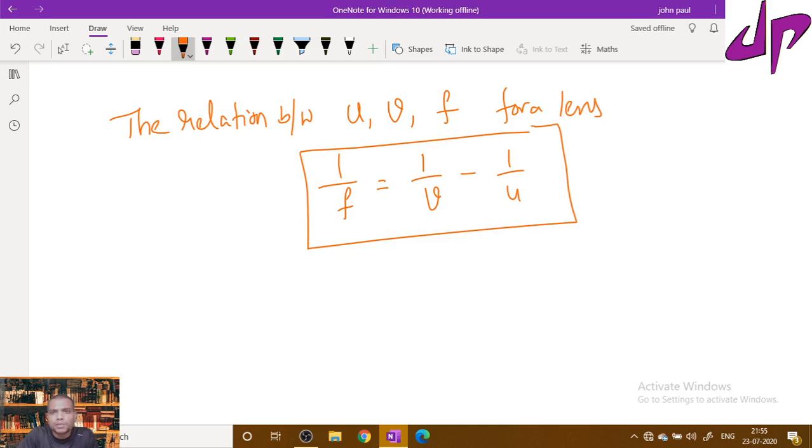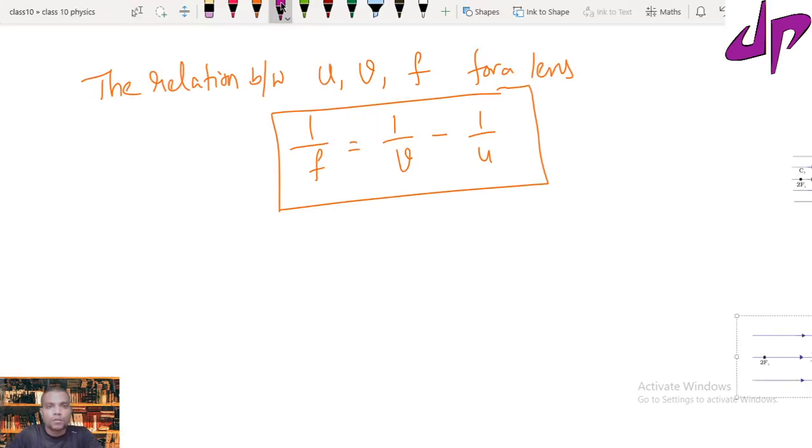This is the relation between focal length, image distance and object distance. We already know a similar formula for mirrors, but for the lens we take 1 over f equals 1 over v minus 1 over u. This formula can be used for both convex and concave lenses, to find the focal length of a given convex or concave lens.